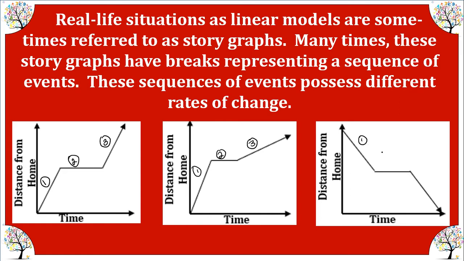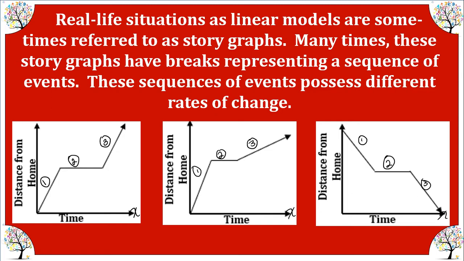One thing is we always need to read the labels on each axis to see what is going on. In this axis, the x typically represents time because time is constantly going by. So as time increases, we can see in our first example that the distance from home is increasing. We're getting farther away from home.